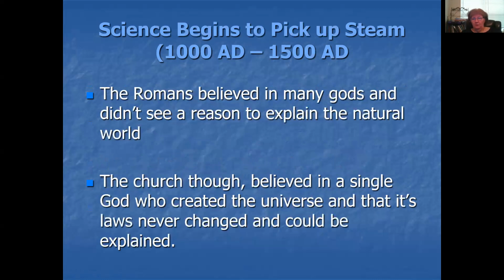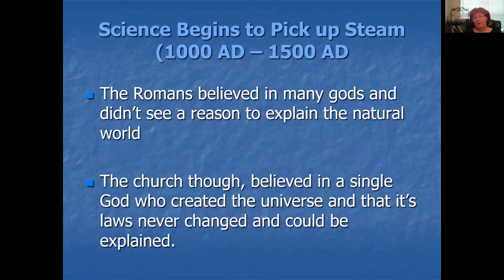For that time, remember the Romans are in charge, right? Now they believed in many gods, right, little g. And remember, no reason to explain things. We really don't care why it works. Doesn't matter, right? Well, the church, though, believes what? One God, right? And they believe it's a God who created our universe, right? And that he's created laws that never change. So we can know about the natural world. We can figure out stuff. So here we've got the Romans saying, doesn't matter, many gods, we don't know what they want.